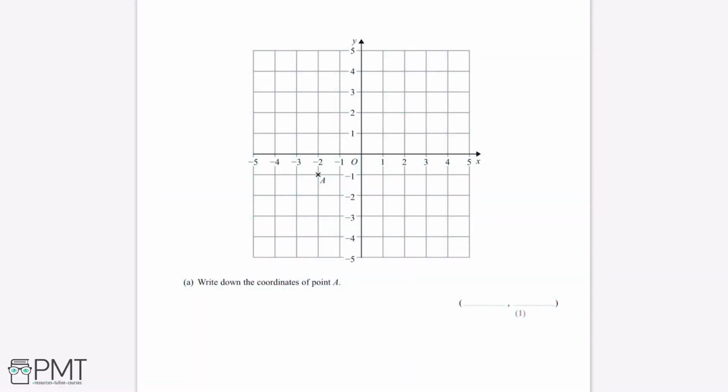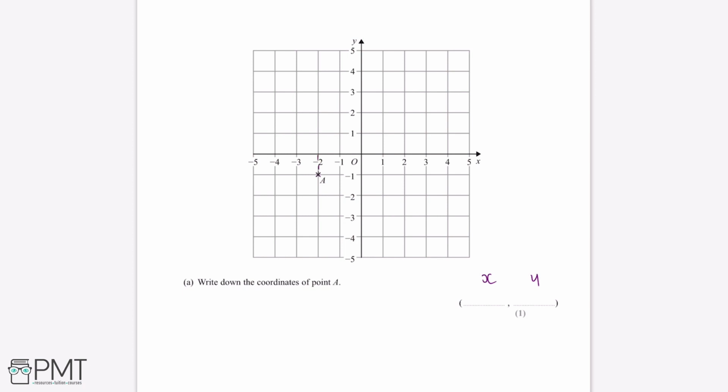Write down the coordinates of point A. So coordinates are represented by the x coordinate first, and then the y coordinate second. So in order to work out the first value, we can read the number off the x-axis, which is this horizontal axis here. And the value of point A on the x-axis is -2.